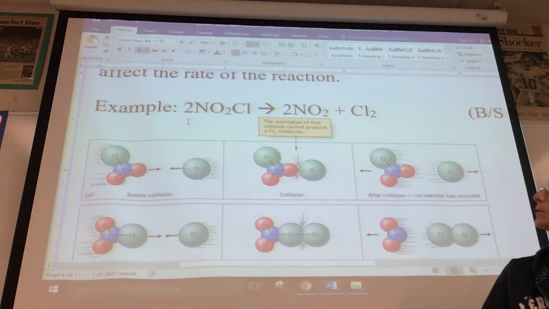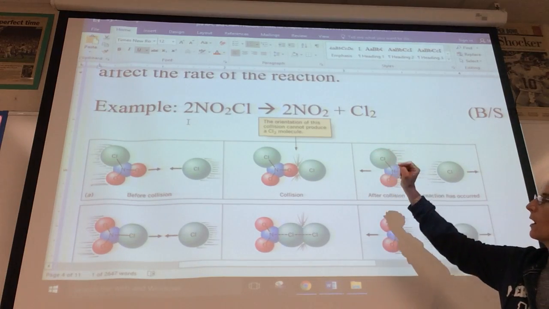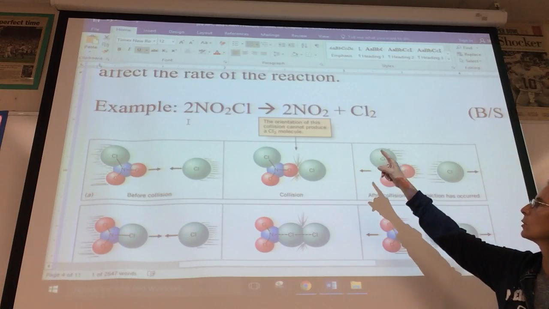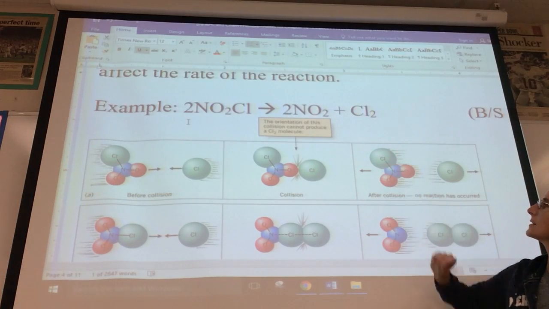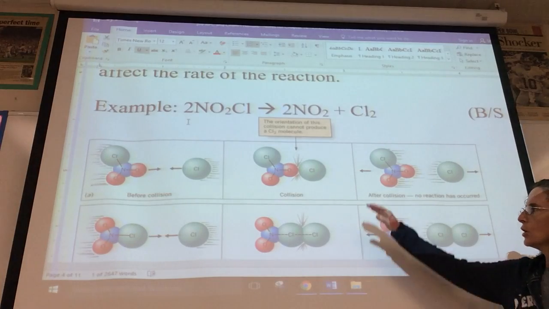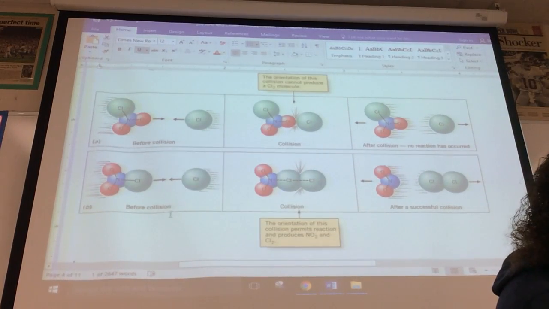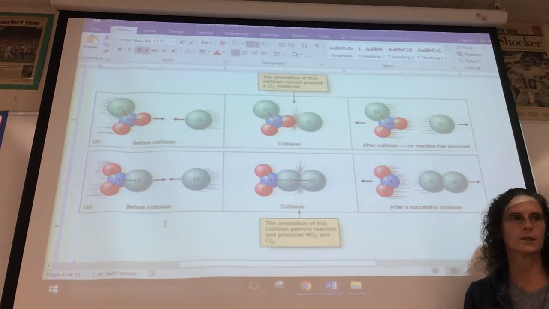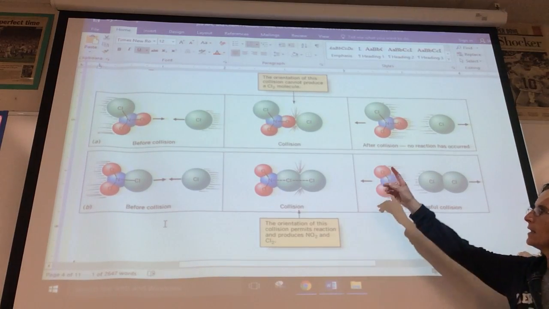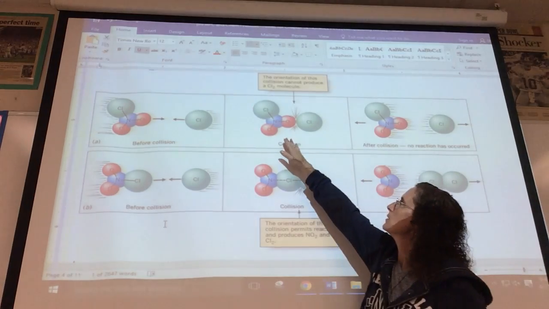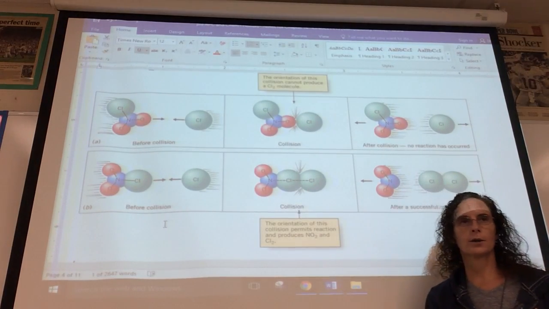So here's your chemical reaction shown here. This is a decomposition reaction of nitrosyl chloride to generate nitrogen dioxide and chlorine gas. Shown in these two panels are two collisions, one of which is unsuccessful, one of which is successful. In the first collision, these two molecules hit each other hard.